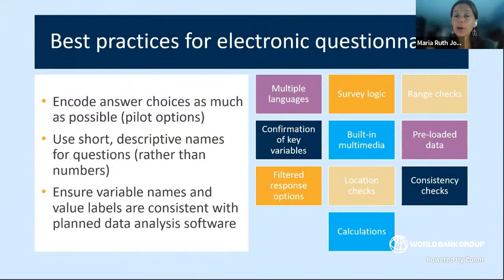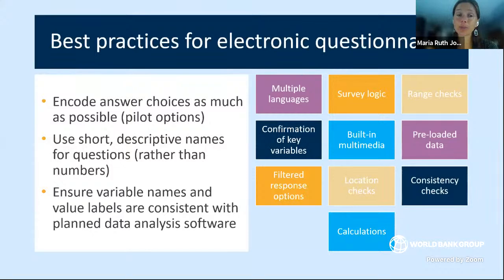So we note a few here, things like the opportunity to automatically incorporate multiple languages, to program in survey logic so you're not relying on enumerators to understand and remember the different skip codes or relevances, putting in range checks and pop-up errors that come up if you do have outliers. So using technology to your advantage throughout the programming can be very, very helpful for data quality.